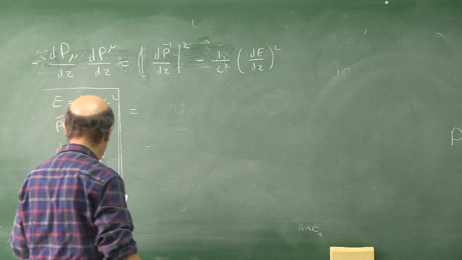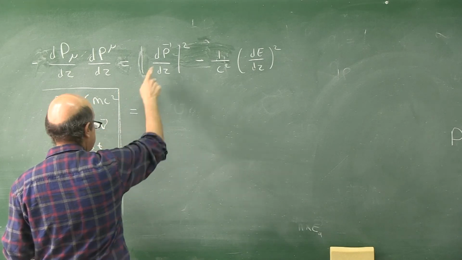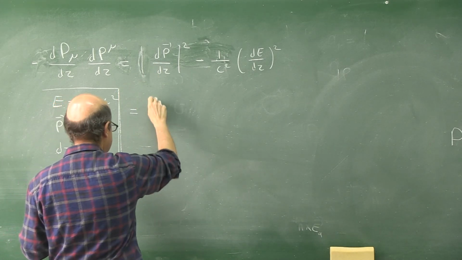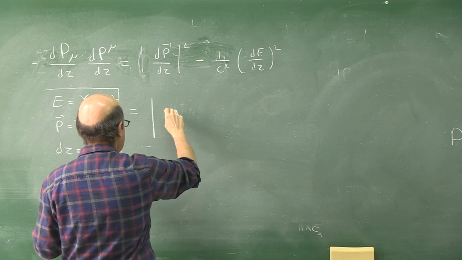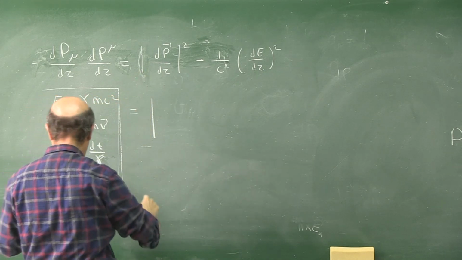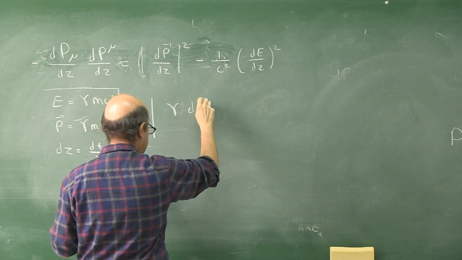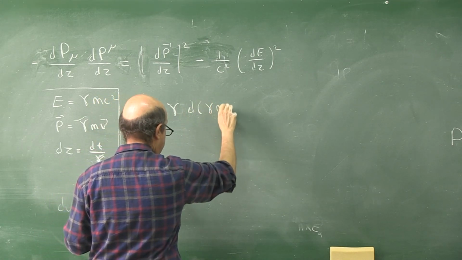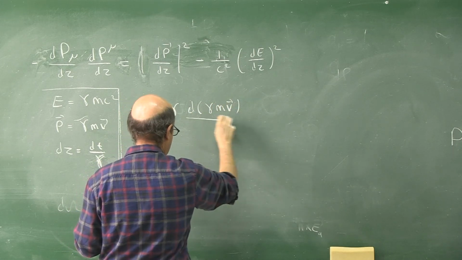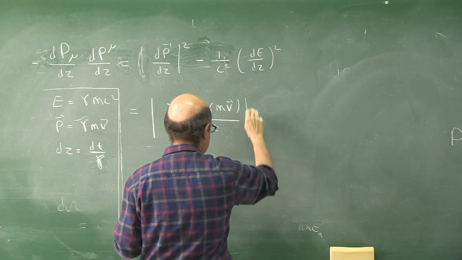This is equal to, so let us plug this information to here. That is equal to what? d tau is dt over gamma. Gamma goes up. Then we have gamma d gamma m v over dt, squared.